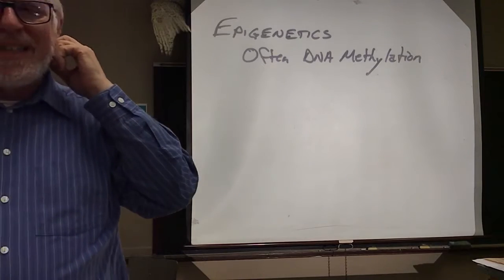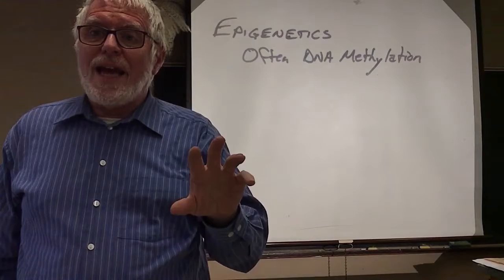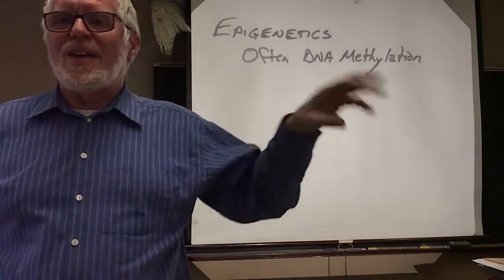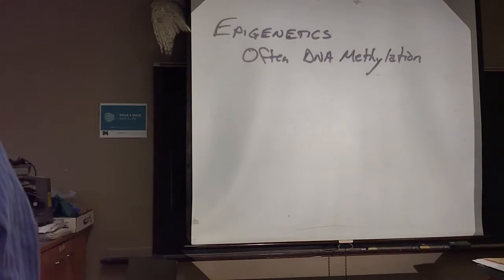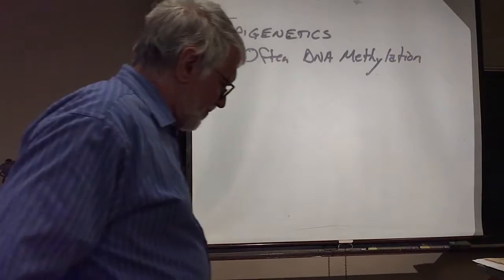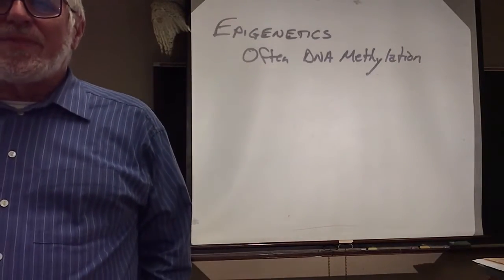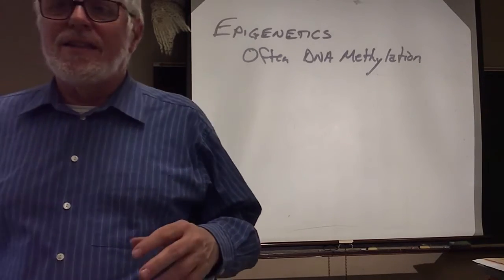So it's a basic similar idea to direct enzyme inhibition, but of course this is not enzymes. But the idea of getting something in the way so that you can't attach is basically the same thing. Now there are some times where having a methyl group actually increases the ability to recognize and express the gene.